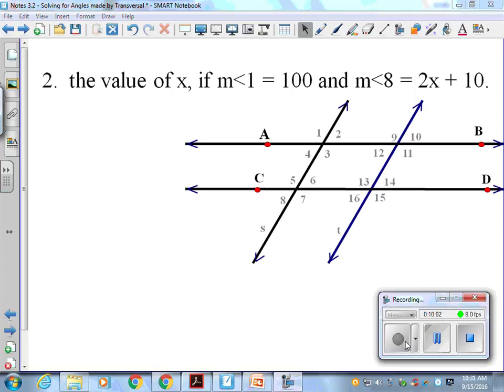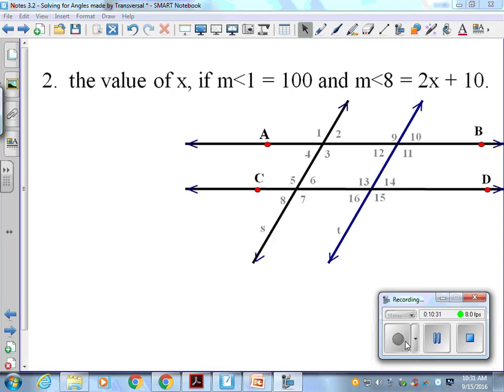Okay, with number 2, if we're looking at angle 1 and angle 8, which two lines are the parallel lines to 1 and 8? All right, AB and CD are parallel lines cut by the transversal line S. So then the angles are what kind of angles?